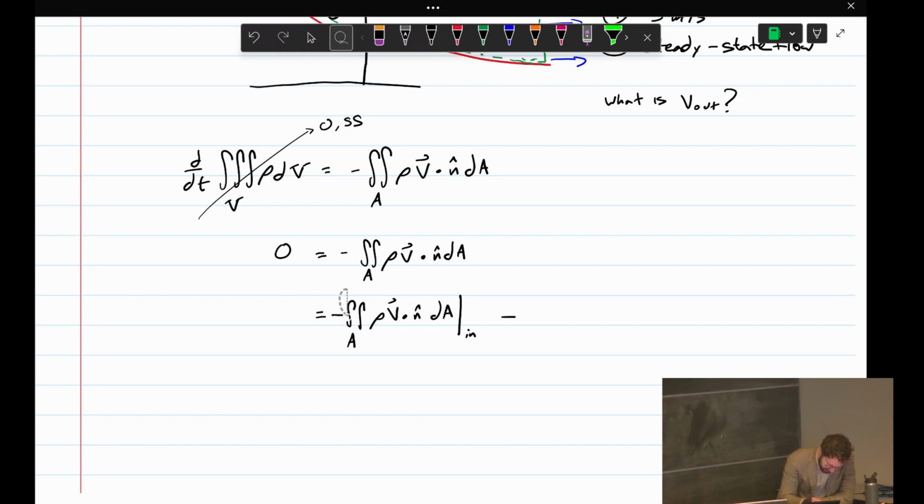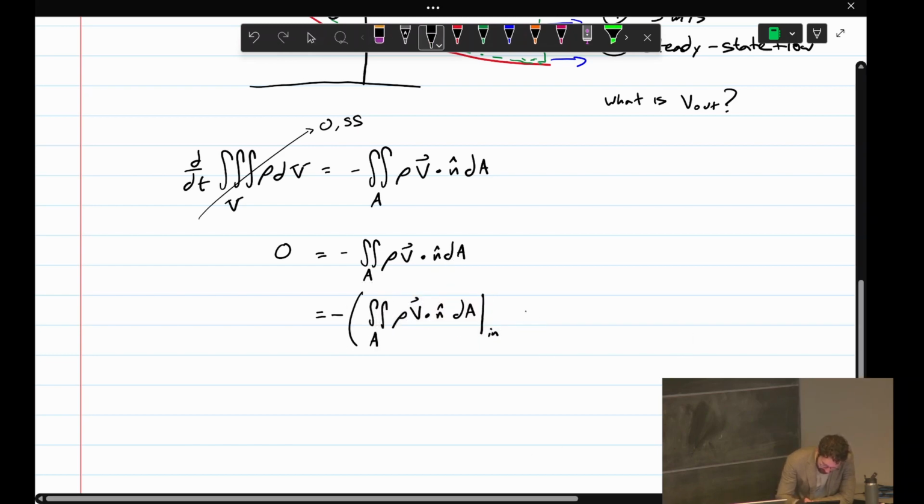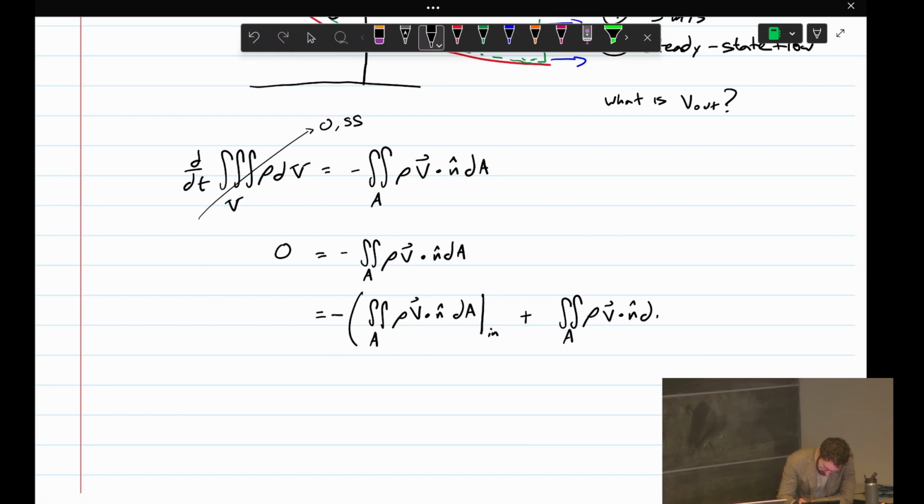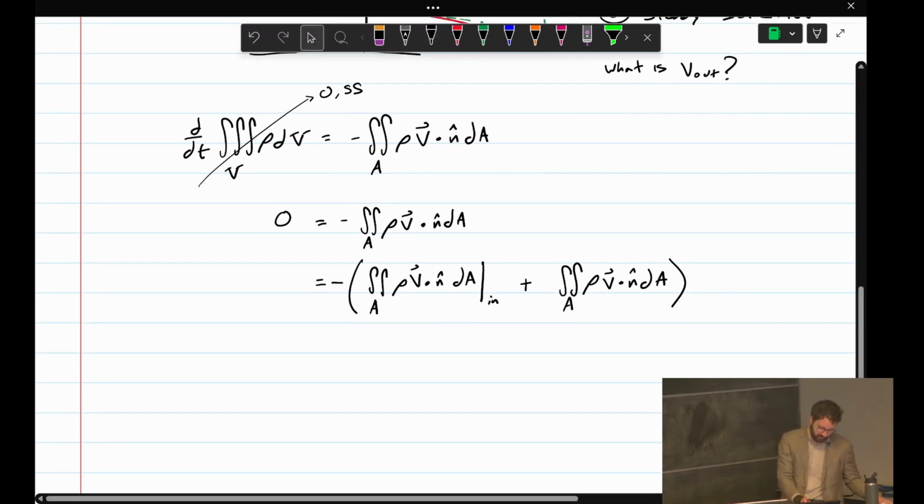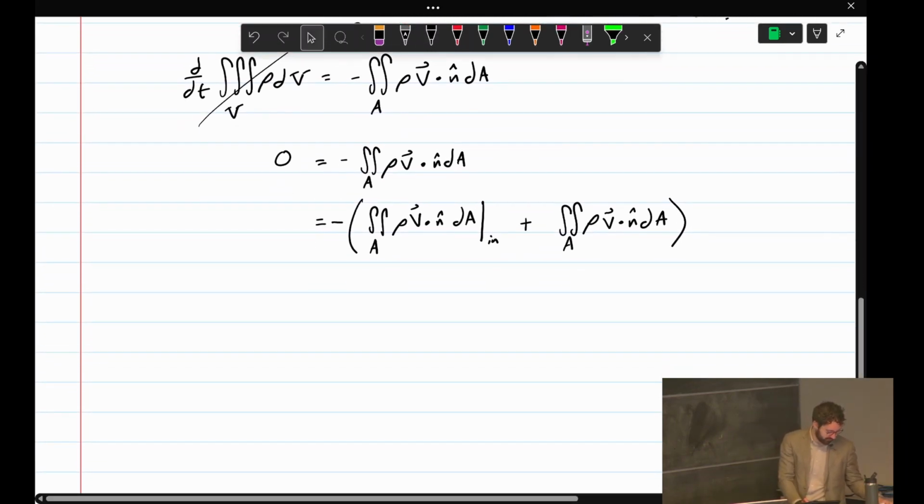I'm just going to break this up so it's clear what I'm doing with the negative signs. Since we have a couple of discrete areas, we can just break that up as a summation of our different area integrals.